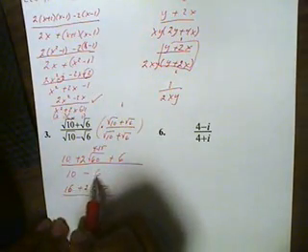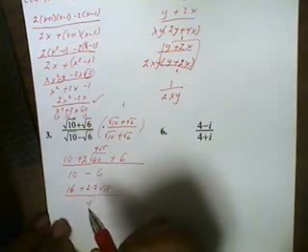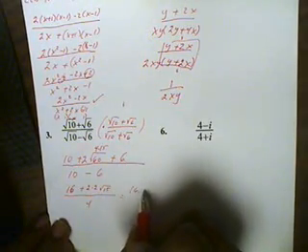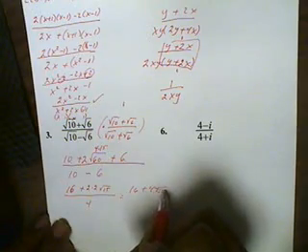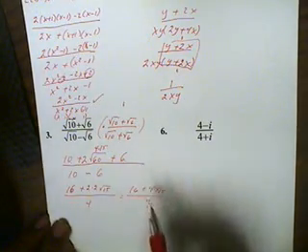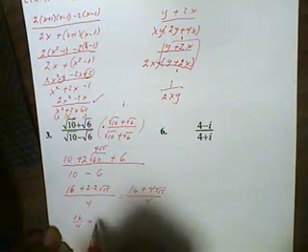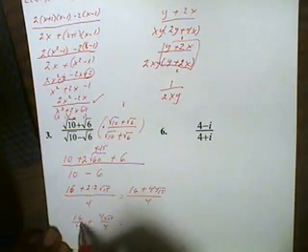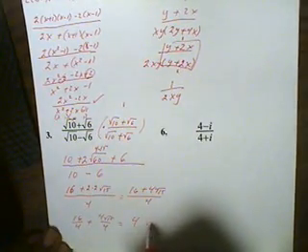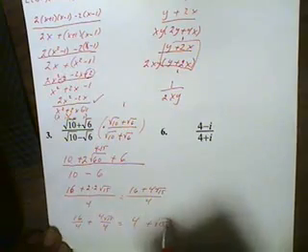And 10 minus 6 is 4. So what we have here is 16 plus 4 square root of 15, over 4. And we can break that up into two pieces: 16 over 4 plus 4 square root of 15 over 4. This will reduce down to 4, and this will reduce down to the square root of 15.